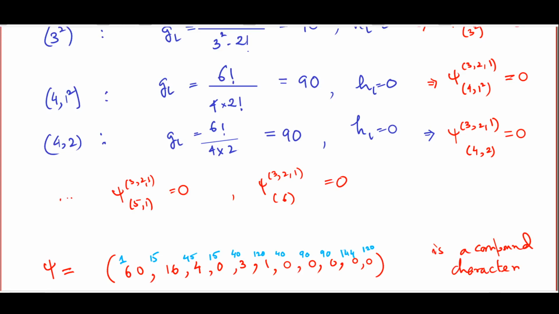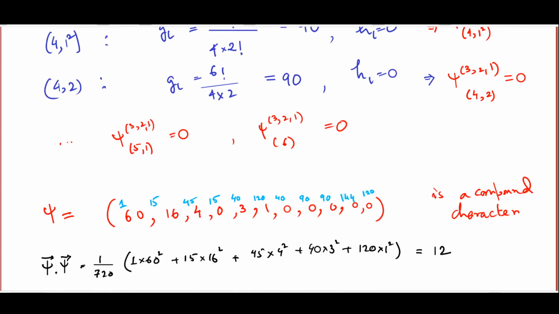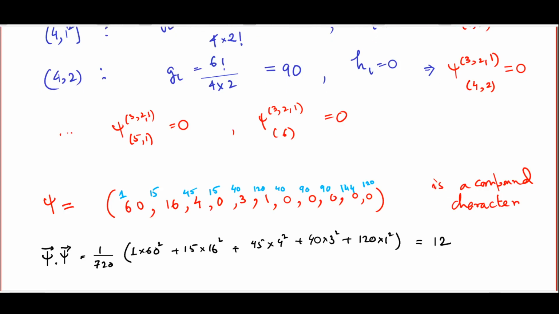But anyway, given this, let us try to figure out shy.shy, and for that we will need the occupancy of each classes. A simple straightforward calculation will give you 12. This not being 1 immediately tells us that this actually has to be a compound character and not a simple one. The corresponding representation, as we have been saying, is definitely reducible.